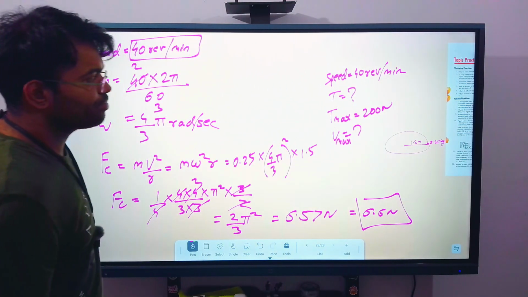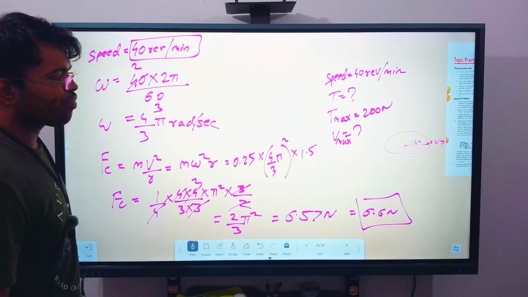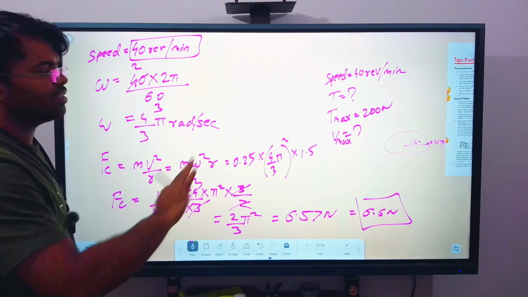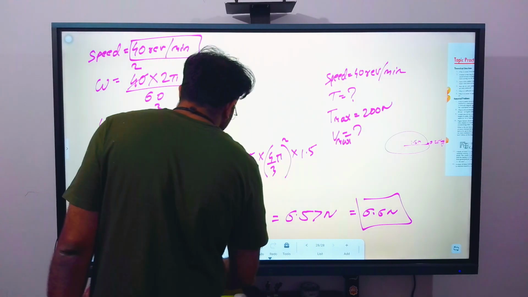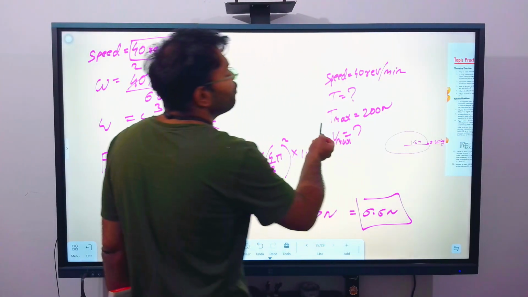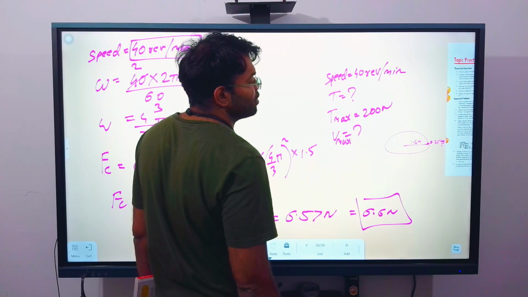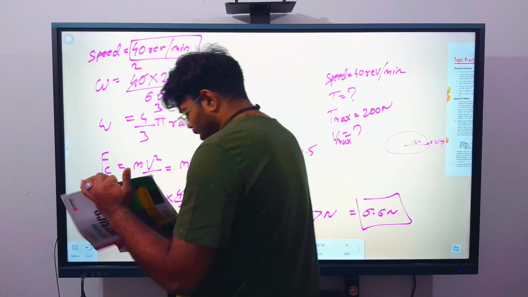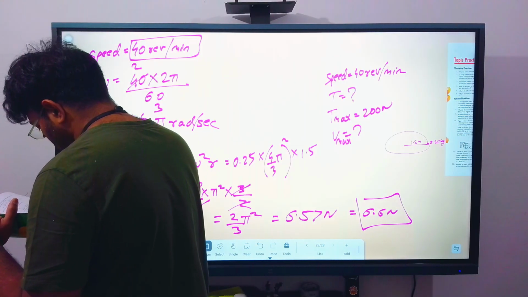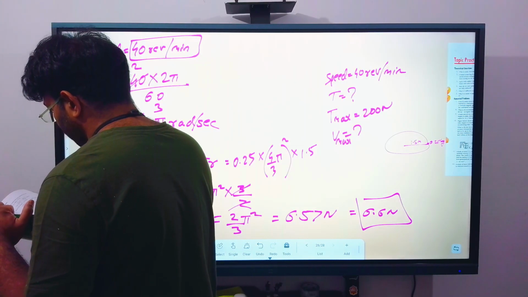Any doubts here? Drupad, any doubts here? Okay. So, they are asking us, if T max is equal to 200 newtons, what is V max? Okay, they want radians per second only, no?